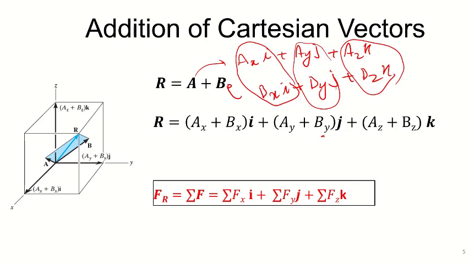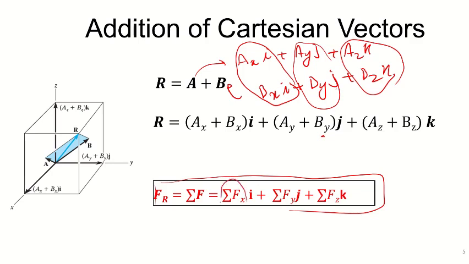So this is how you can add two vectors in three-dimensional space. Why is this addition important? Because if you want to find out the resultant force, we add two vectors to find out the resultant force, right? So you can generalize that. If you want to find out the resultant force of n number of vectors, you just add those forces, which means you add the i terms together, the j terms together, and the k terms together.